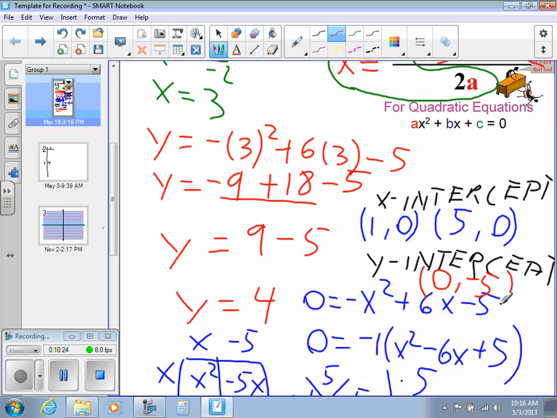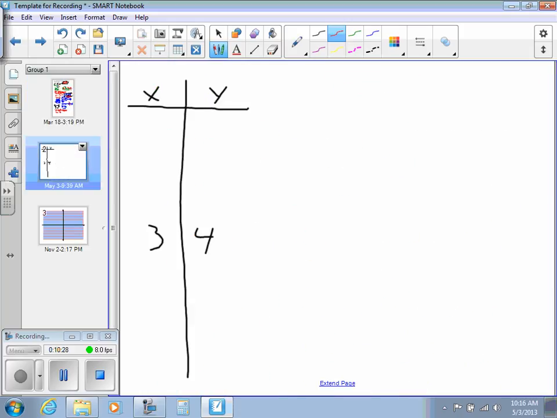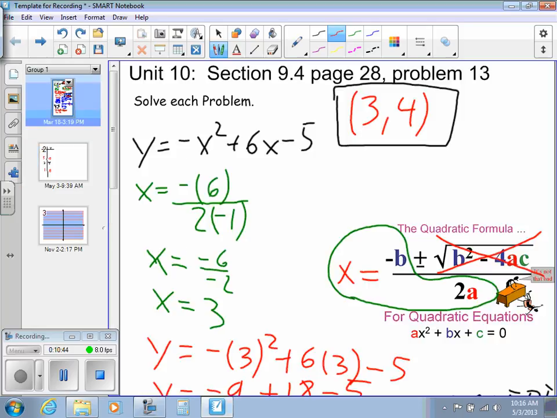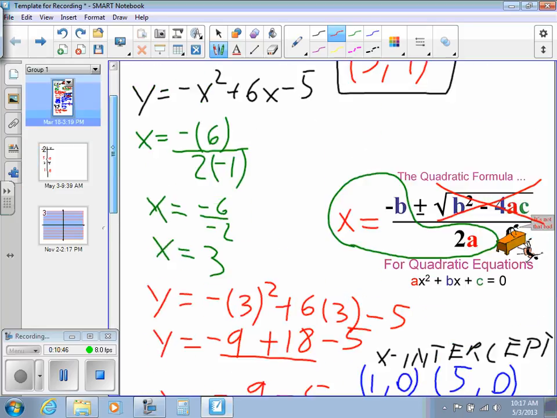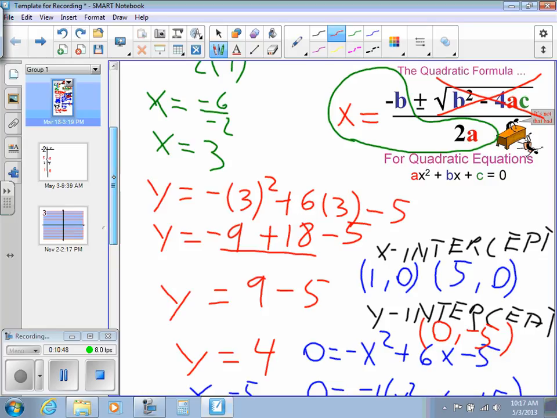Okay, so we've got 1 and 5 both at 0. One, 0, 5, 0. And then for 0, we have negative 5.